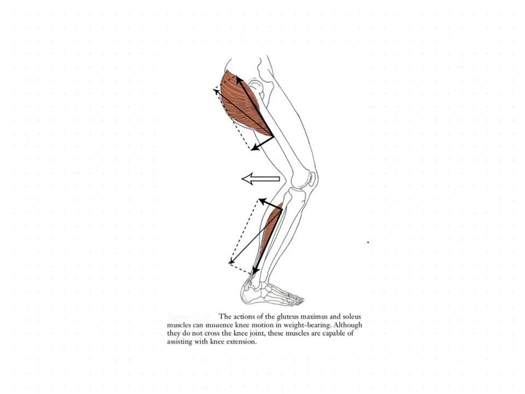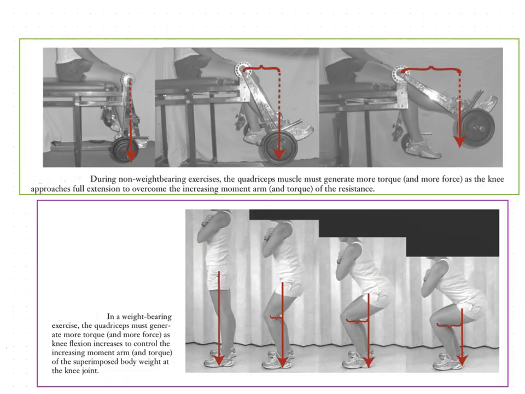So the actions of gluteus maximus and soleus muscles can influence the knee motion in weight bearing, although they are not crossing the knee joint, and these muscles are capable of assisting knee extension. This is one factor.